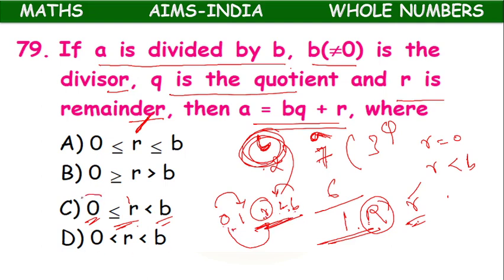That's why we write 0 less than or equal to R less than B, not equal to B. Suppose if you have 2 here, again we can divide with 2. 2 ones are 2. So the remainder can never be equal to B. It is always equal to 0 or greater than 0 or less than B. So C option is the correct relation.